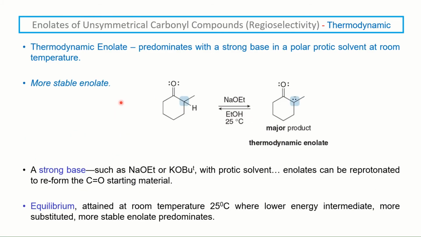On the other hand, in the thermodynamic event, we need a strong base, of course, but in a polar protic solvent, preferably a solvent that relates to our base. So here we have sodium ethoxide, and we're using ethanol as our solvent, and you can see the temperatures are quite high.